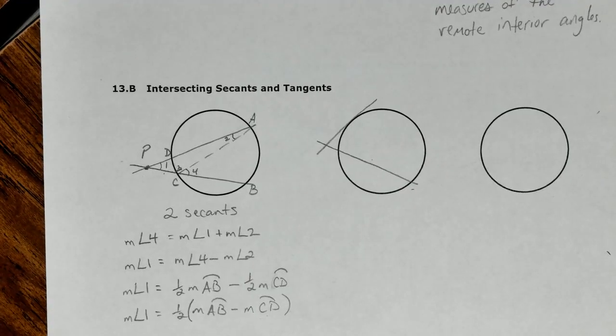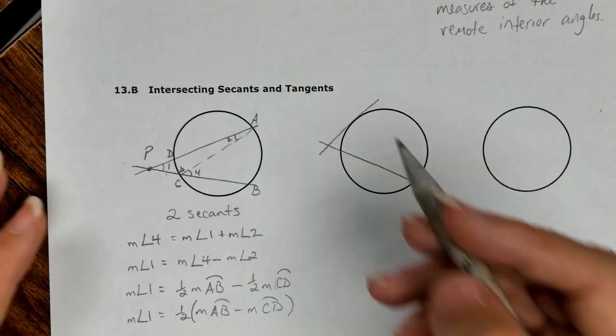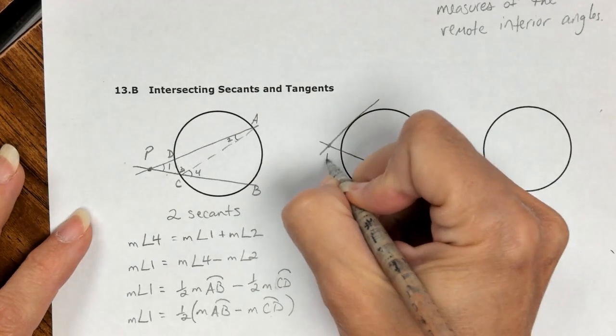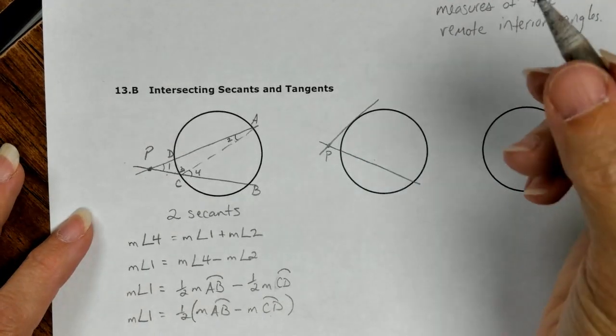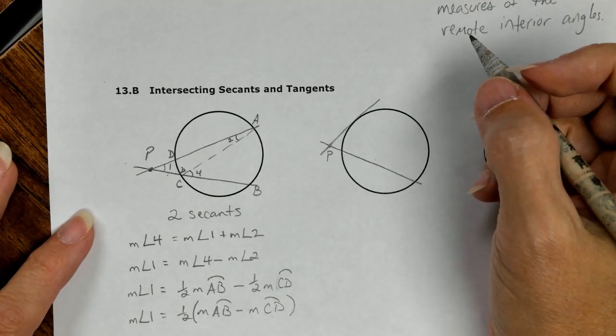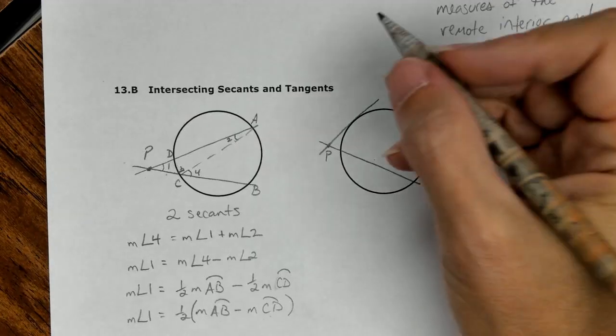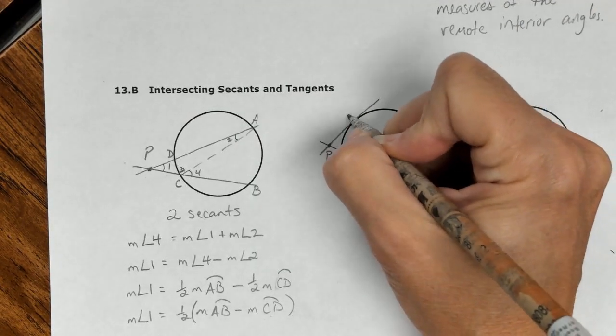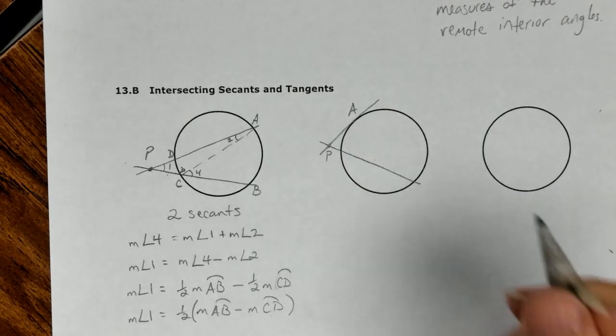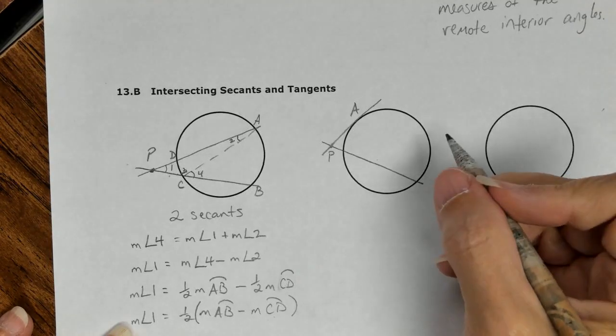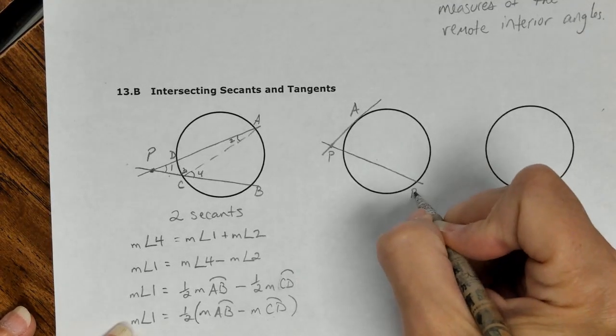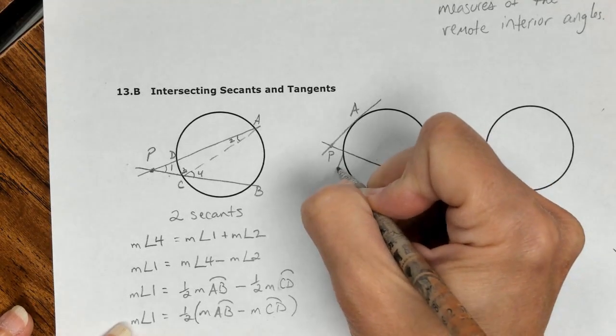Okay, you're going to find the same thing happening. So here's our point P again. And then we'll make this one A, where the tangent is touching the circle. And then B, and right in there is C.